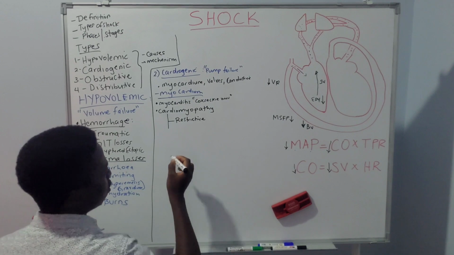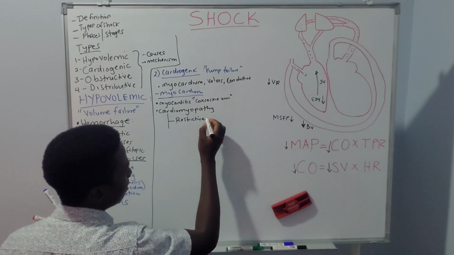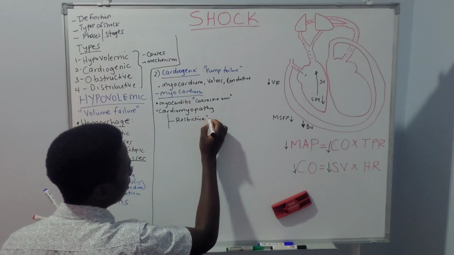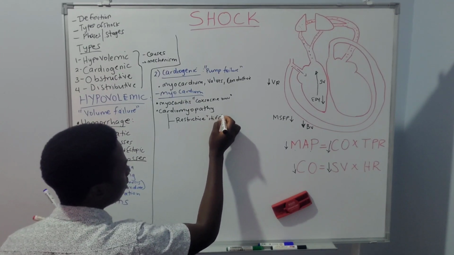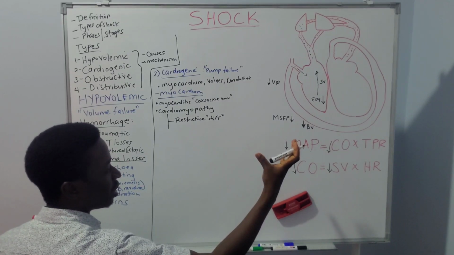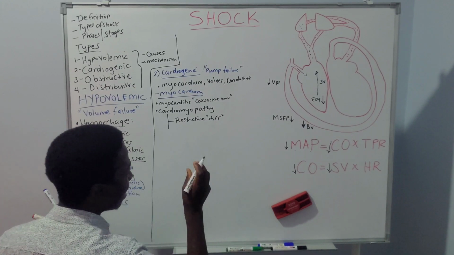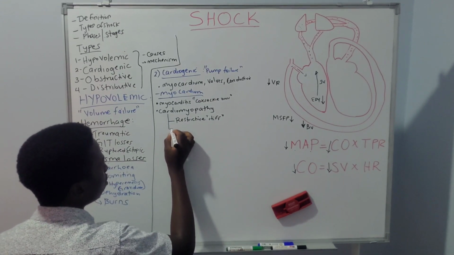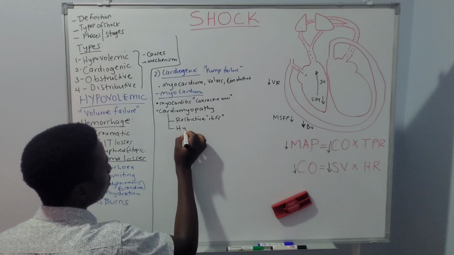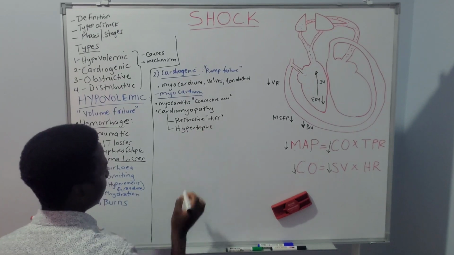This means that the heart is stiff. So anything that's causing the heart not to be able to expand, to fill with enough blood, and also not be able to contract. The myocardial walls of the heart are stiff.